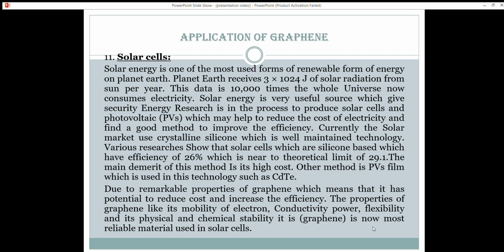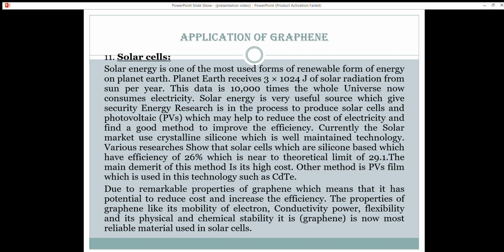Next, we see the application of CVD graphene in solar cells. Solar energy is one of the most used energy sources nowadays, as global warming is a very strong issue which the whole world is facing. By shifting from non-renewable sources to renewable sources, it will also help to reduce the combustion of fossil fuels, which will decrease the emission of gases into the atmosphere, and it will also help to improve global warming.